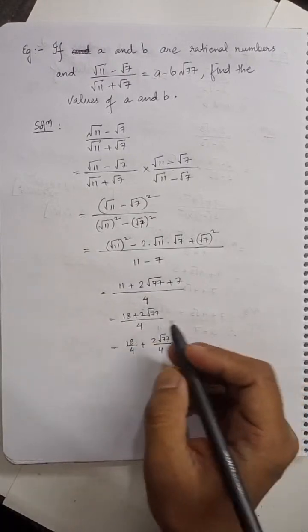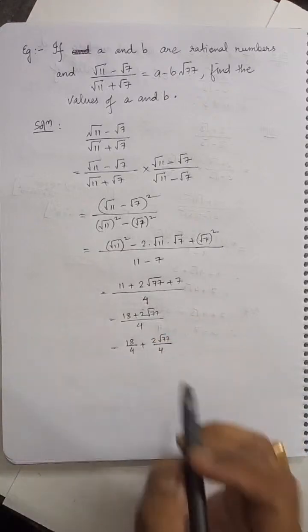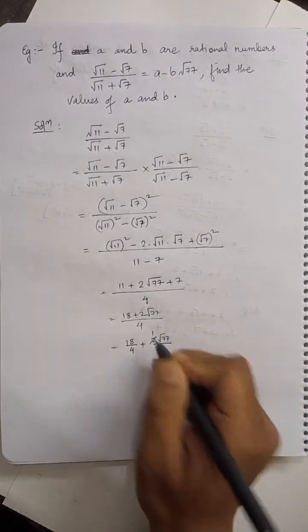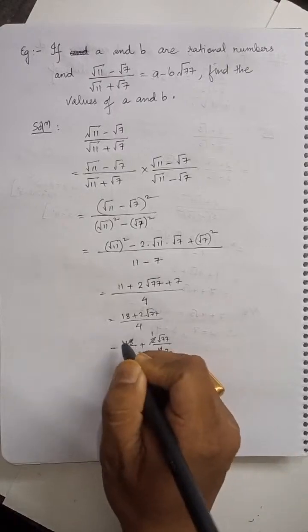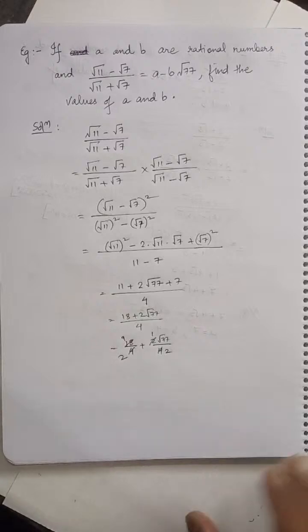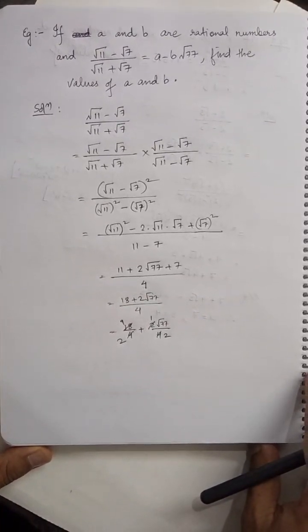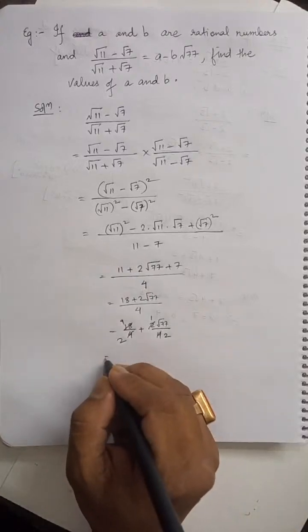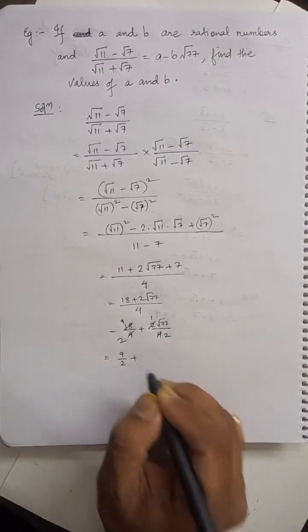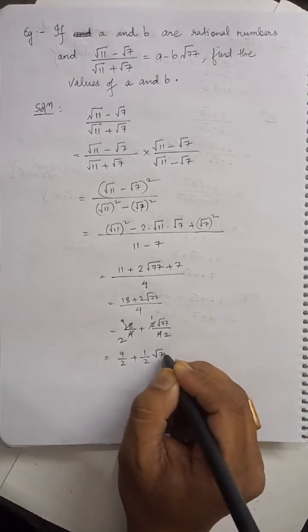So we can simplify by dividing the numbers by 2, because 2 is a common factor for all. So 2 into 1 is 2, 2 into 2 is 4, 2 into 9 is 18, and 2 into 2 is 4. Okay. So we have 9 by 2 plus 1 by 2 root over 77.